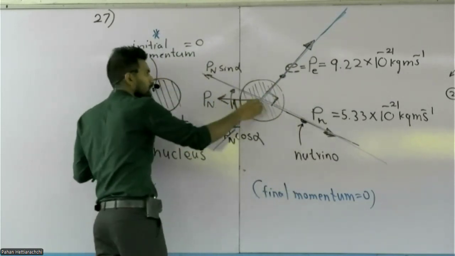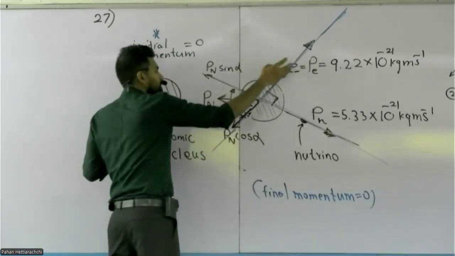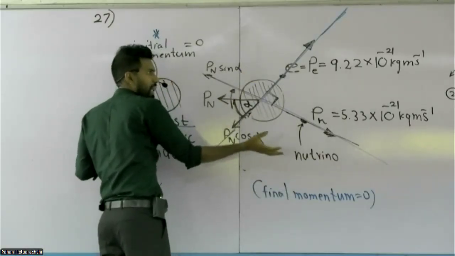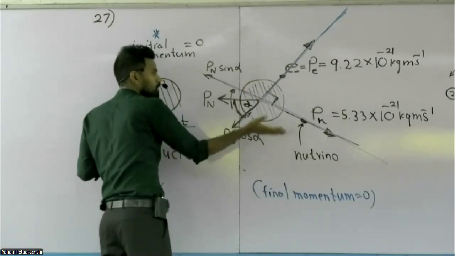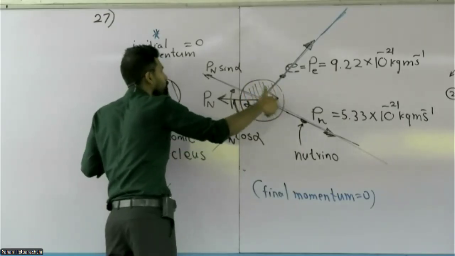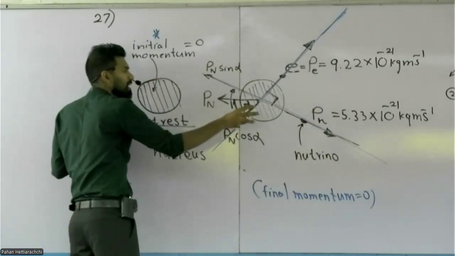These emitted particles have their own velocities and masses too. So they will initiate new momentums, but there cannot be a resultant momentum.